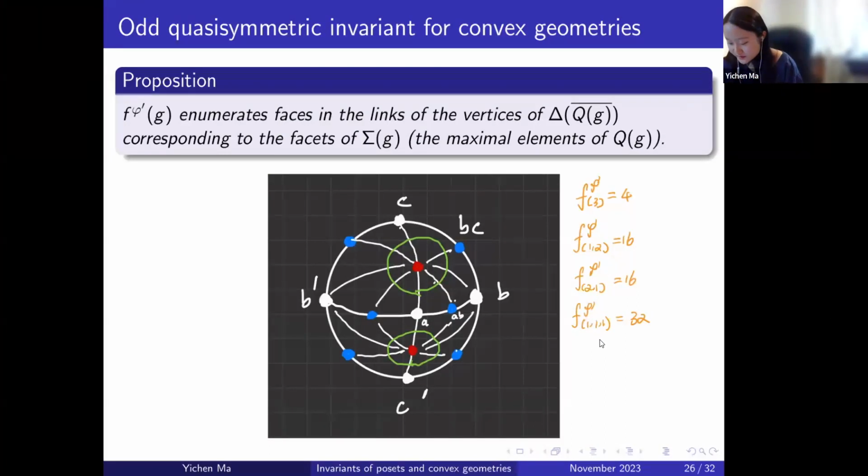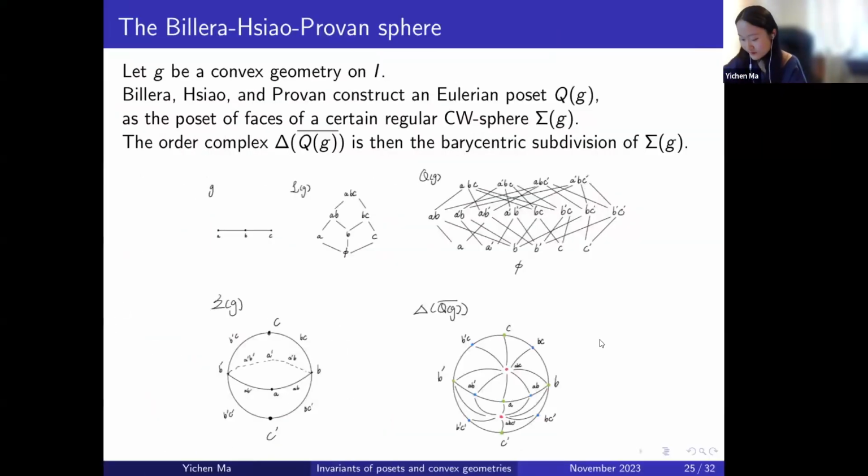We draw the pictures here, and the link is bounded by the green spheres. Indeed, we have 4 green spheres, and this also corresponds to the face set of the CW sphere. So here, we have 4 faces.